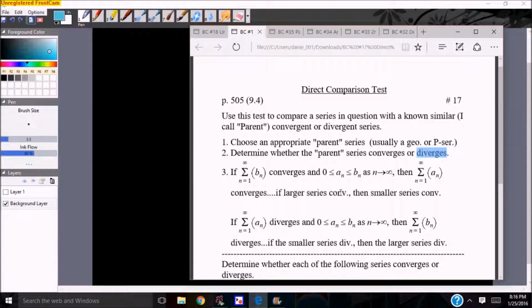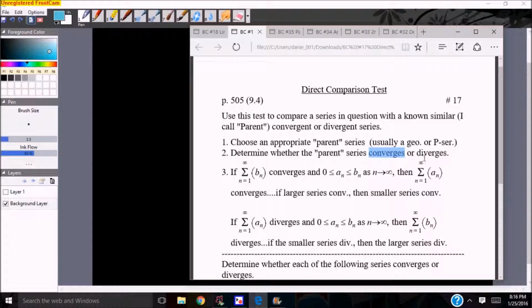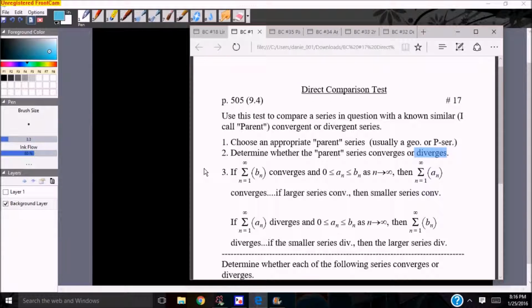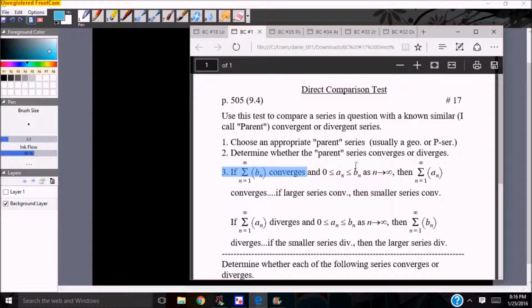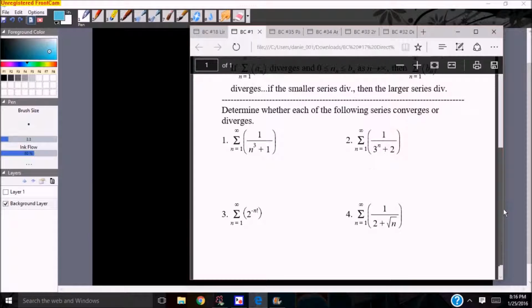So the most important thing is that if we're going to have one that converges, we need it to be larger than the series we're comparing to, and if we are going to have one that diverges, we need it to be smaller than the series we are comparing it to. Okay, so you can see here, it lists that out. If that thing converges and it's bigger than the other one as we get to infinity, then the other one converges. Okay, so let's just get to it real quick by looking at some of these ones that are down here on this sheet of paper.